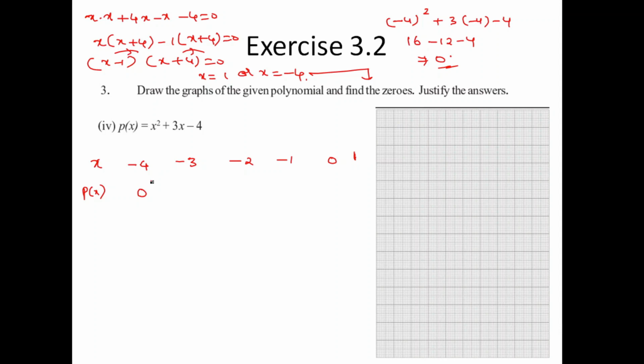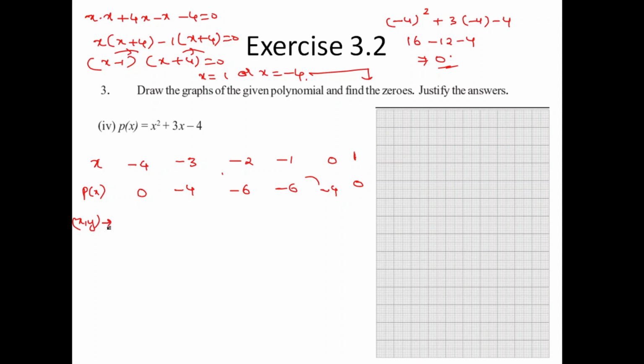Similarly, if you are doing for minus 3, the resultant is minus 4. For minus 2, the resultant is minus 6. For minus 1, it is also minus 6. For 0, that would be your constant, minus 4. For 1, it would be 0. So what would be the different coordinates then? x comma y.